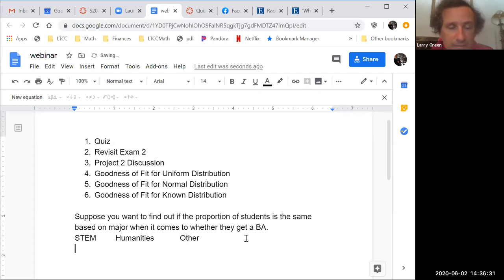Easy enough. Those are the 3 different majors. Now we're going to survey a bunch of people and see whether those proportions are the same or not. Any questions on that?